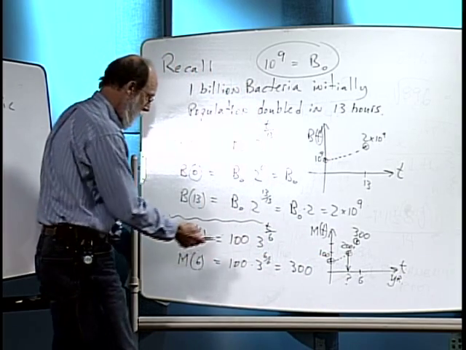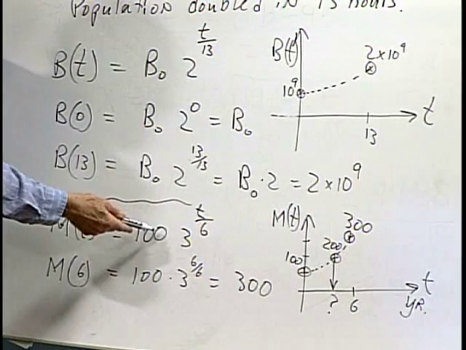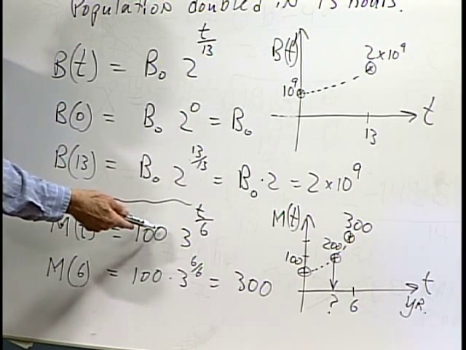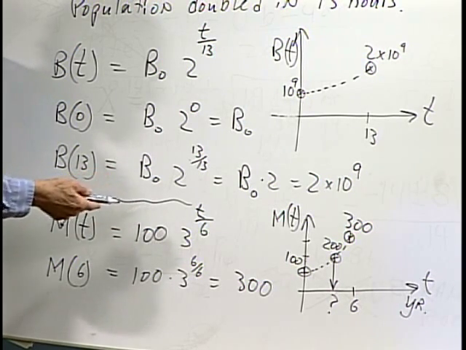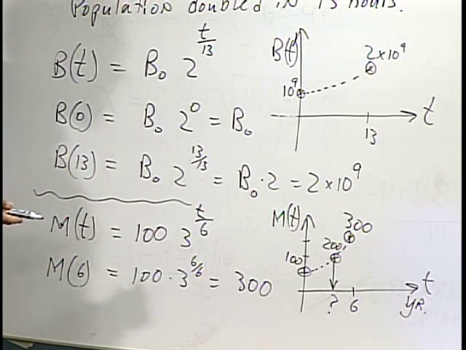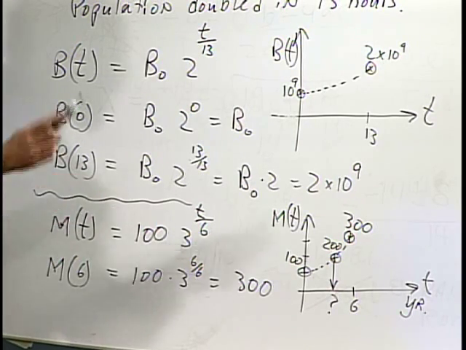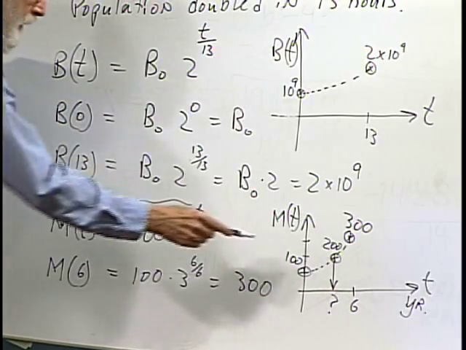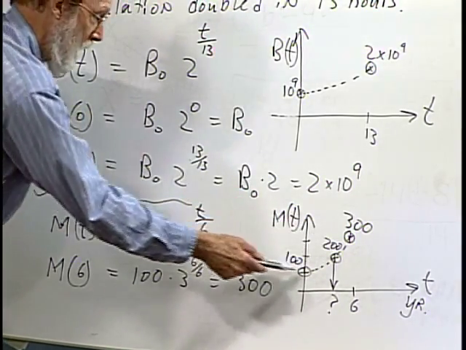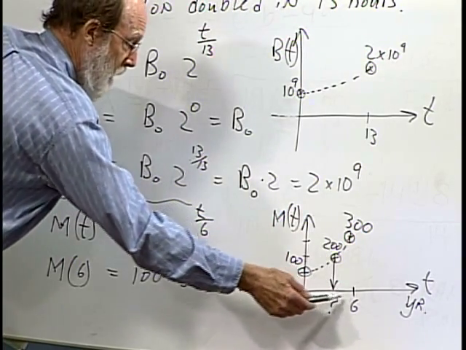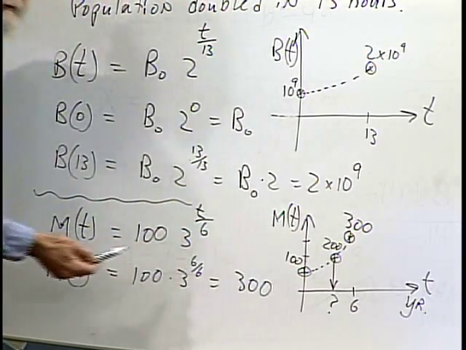This would be the same as this if this was 100 or 100 million or 100 billion. Could we just put 200 in for y and solve it? Yes, and that's how we would do. And so what I wanted to first of all comment on is how you would interpret this graphically with your calculator or just by a hand sketch here. You know you're going to come up with an answer something less than 6 years.